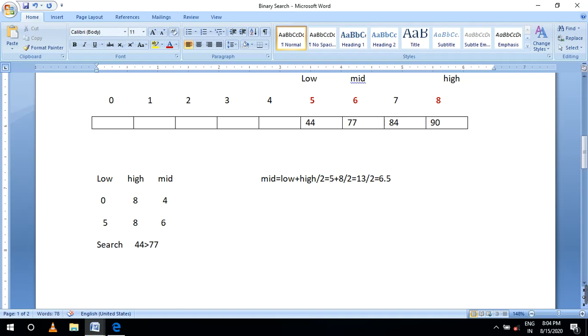High equals middle minus 1. Now the middle value is 6, minus 1, equals 5. Okay, now if you go to the third level.